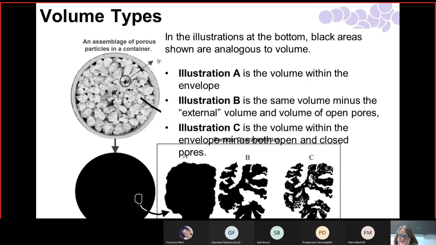For density, you need the mass of the material and the volume of the material. The mass is relatively straightforward to determine, but the volume is less straightforward when you have these porous structures. So how you define the volume will affect the density that you are measuring and reporting.